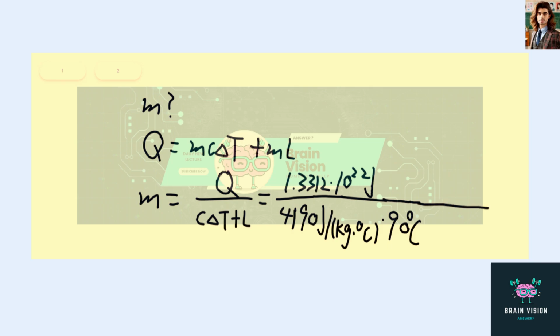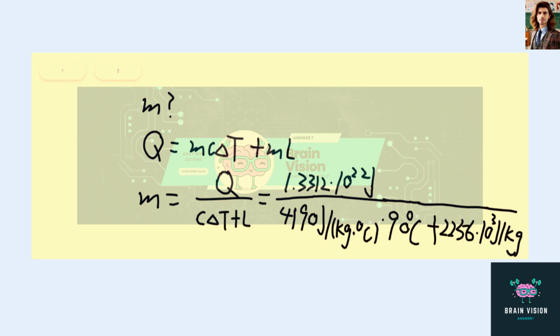And plus the latent heat for water to boil, and that's 2256 times 10 to the power of 3 joule per kilogram. Okay?